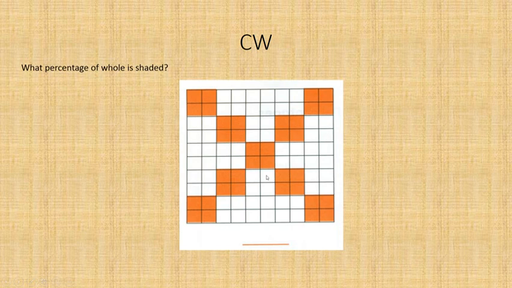So the denominator is 100. So let's count the shaded squares. 1, 2, 3, 4, and every one of them here is 4. So 4, 8, 12, 16, 20, 24, 28, 32, and 36. So it's going to be 36 over 100, which equals 36%.